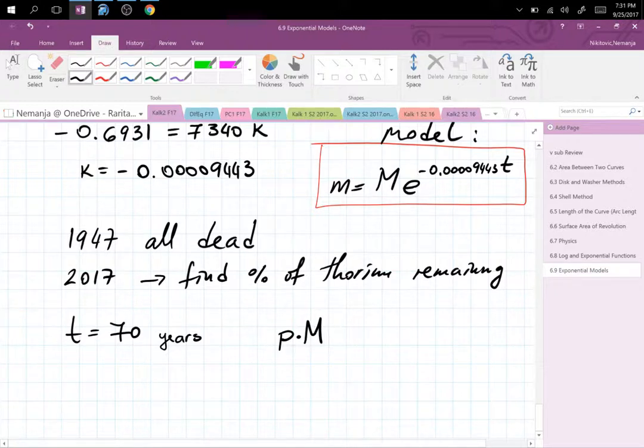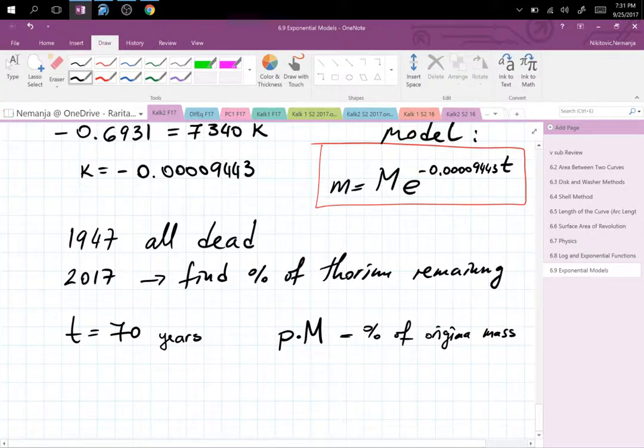Because it's the percent of original mass. And original mass, well, we don't care, because we're going to find the percent left after 70 years of decay.